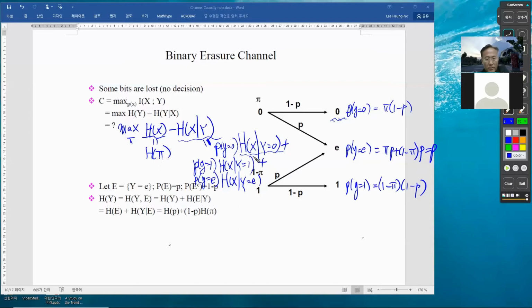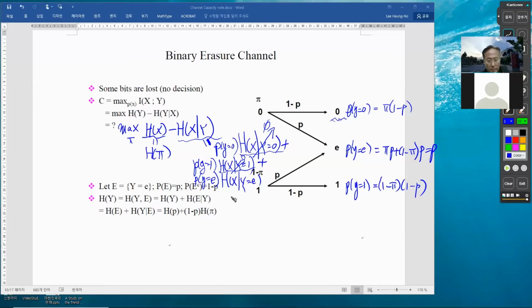So there is no uncertainty on X. Surely X is equal to 0 when Y is equal to 0. So this is 0. What about the entropy of X given Y equals 1? Due to the same reason, there is no uncertainty. So this part is 0. So you don't have to worry about these first 2. What's left is this third term.